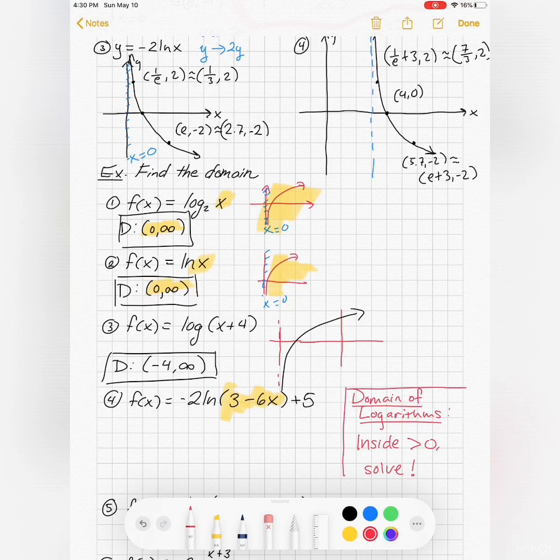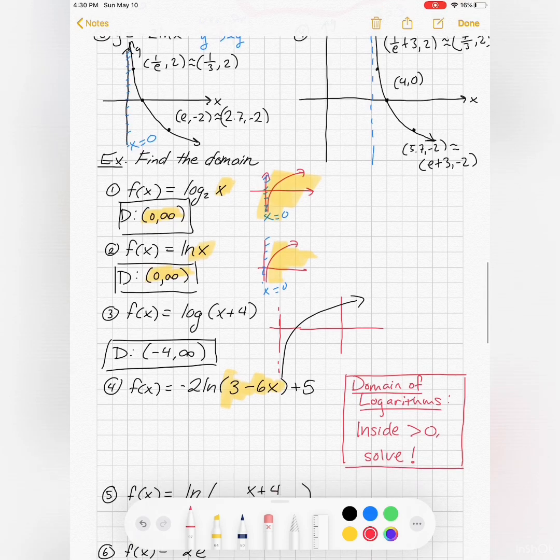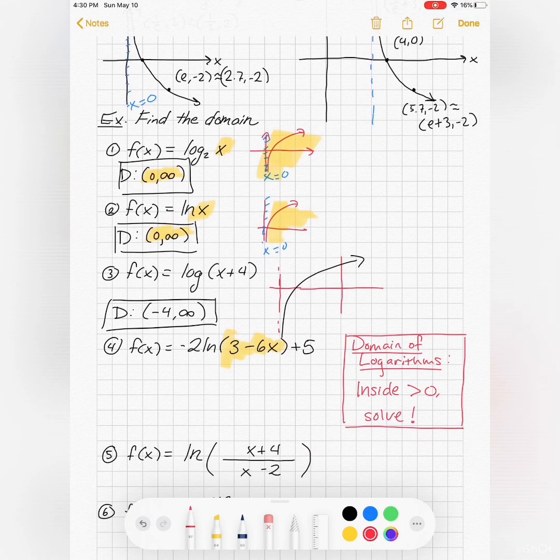So that actually makes it really easy to find the domain of logarithms. If you think about it, that's really what I did in these last couple. If I go back to this one, look, that's really what I did. I took the inside, set it greater than 0. It was just so simple I didn't have to write it out.